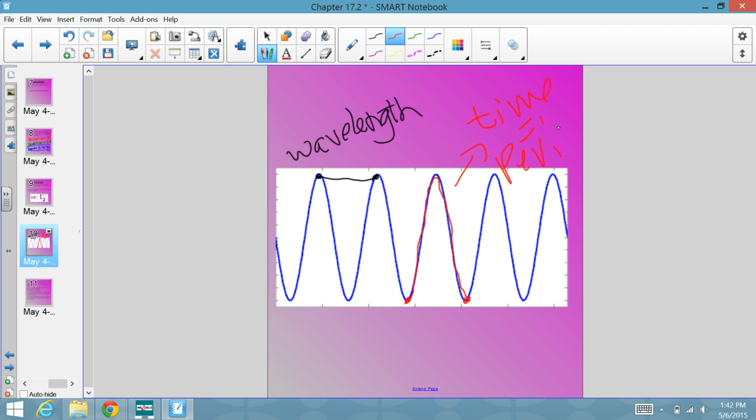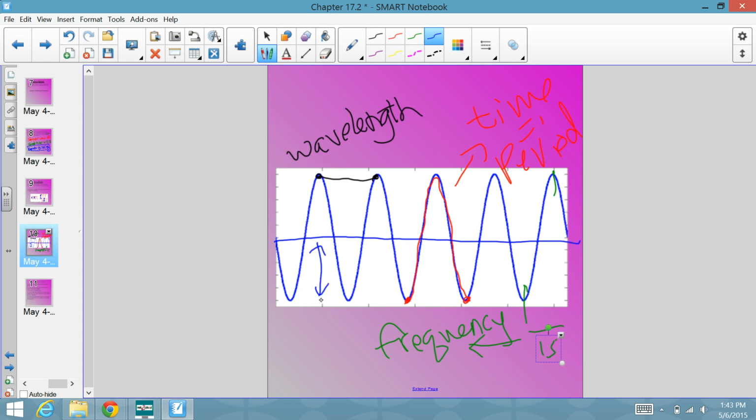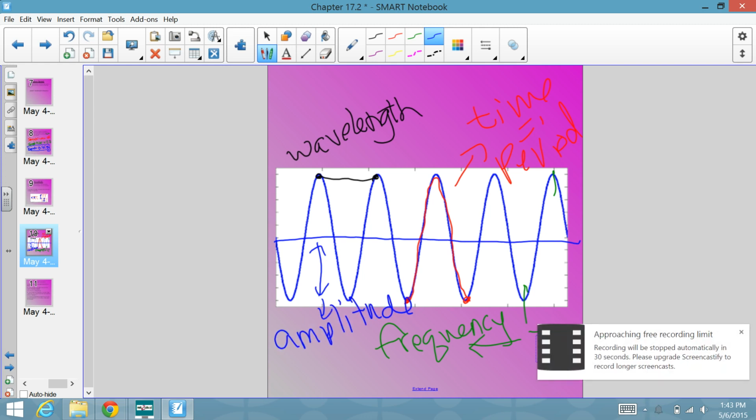If we measure how many of these waves pass by in 1 second, so we say this is 1 second, this is what we call the frequency. And if we measure how high or how low that wave goes from the 0 point, this is what we call our amplitude. And however fast this is moving through our medium is the speed of our wave.